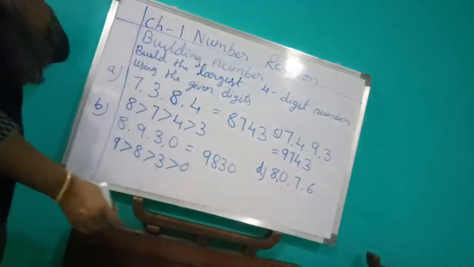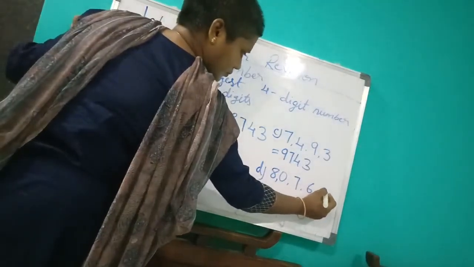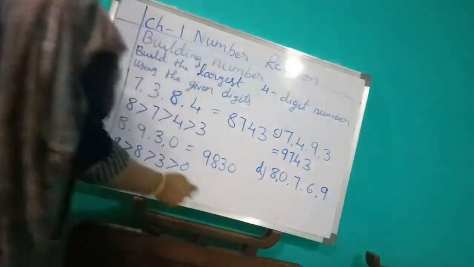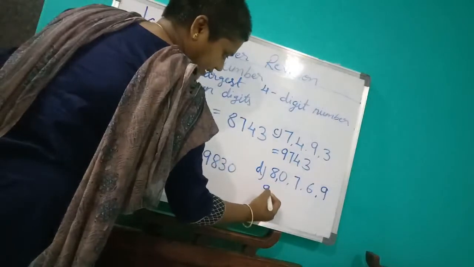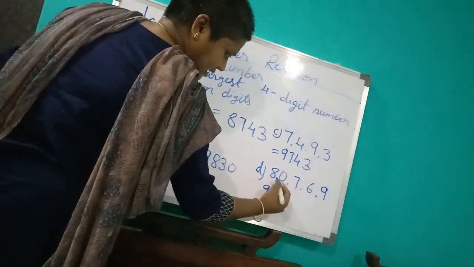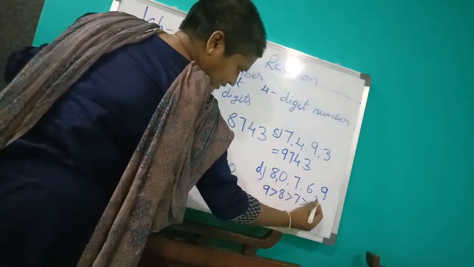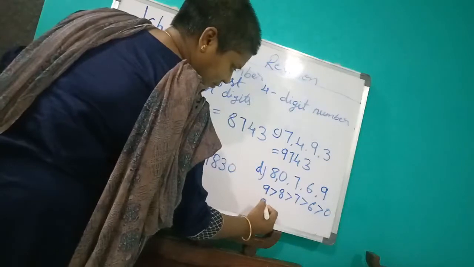See here, children. In these numbers, which one is largest number? 9. After that 8. After that 7. After that 6. After that 0. What is that number?